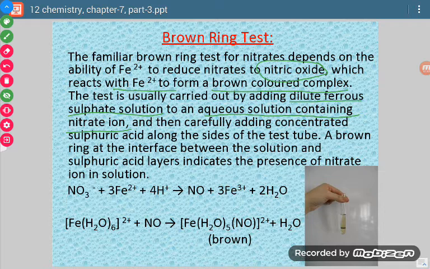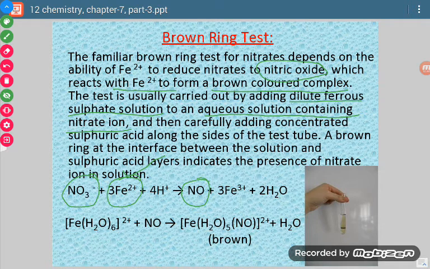Okay, now what will happen when we have added dilute ferrous sulfate solution to the salt containing nitrate ion? Then this ferrous ion will change nitrate ion into nitric oxide.